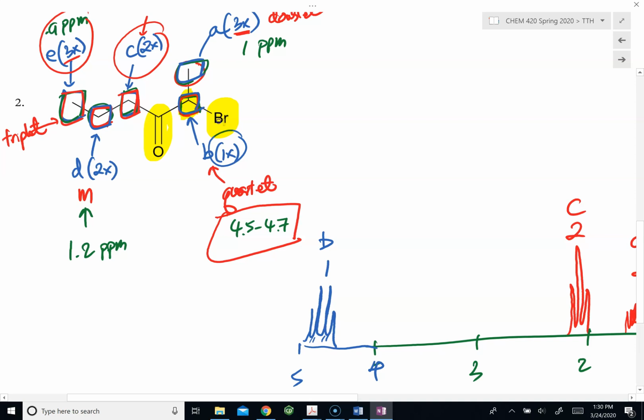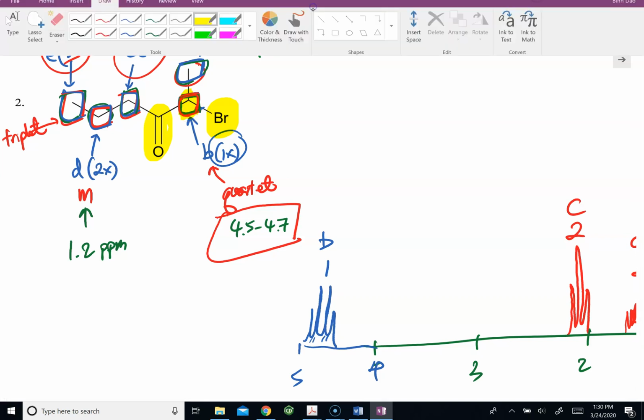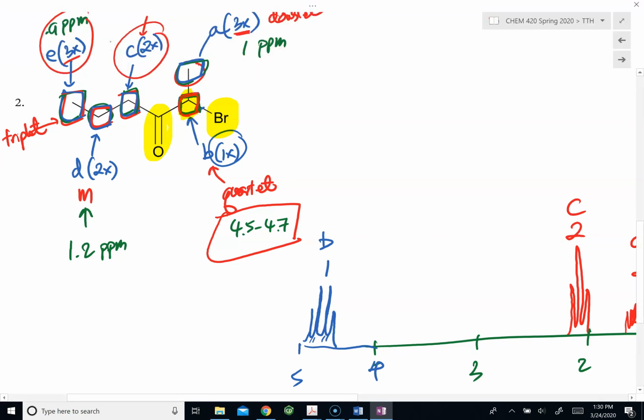Both of these are electron withdrawing groups that can make this hydrogen very much deshielded. So how did we estimate its chemical shift? Here is one rule of thumb. There's no guarantee that this would always work, but it will give us a very good approximation. So when a hydrogen is next to a bromine, it will be about 3.7 ppm. And if a hydrogen is next to a carbonyl, it is about 2.1 ppm.